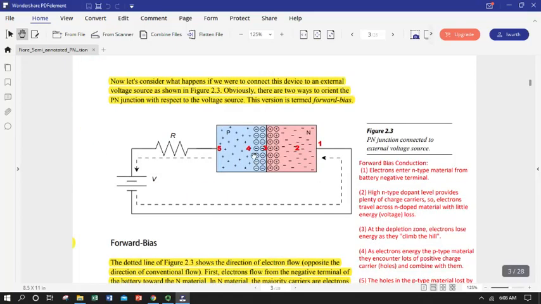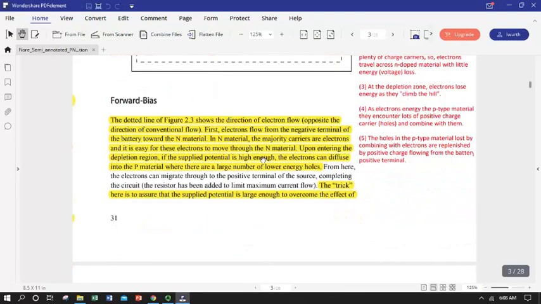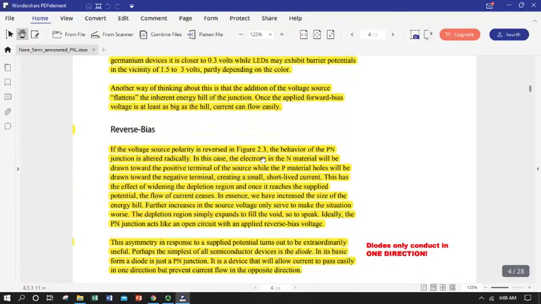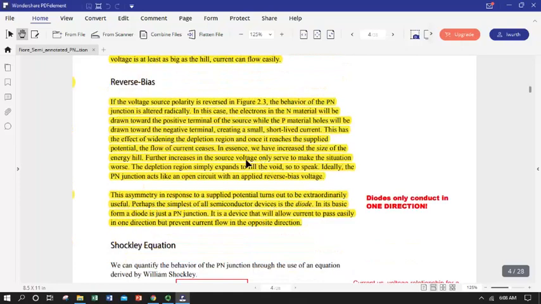So we've pulled all the charge carriers away from the interface, we've steepened the hill, we've made it huge, and now the interface acts as an insulator. It acts literally as an open in the circuit until you apply enough voltage to actually break it down and change the electronic structure of the device, which, with the exception of Zener diodes, is not good.